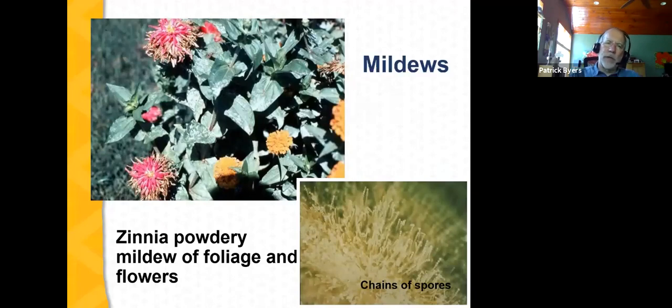And mildews typically cause grayish layers either on the upper side of leaves and fruit or the undersides, depending upon the type of pathogen. And this gray powdery appearance is actually caused by chains of spores that are on the surface of the plant tissue. These diseases are easily spread on the wind and are very common on many types of plants, particularly if the environmental conditions favor the appearance of these diseases.